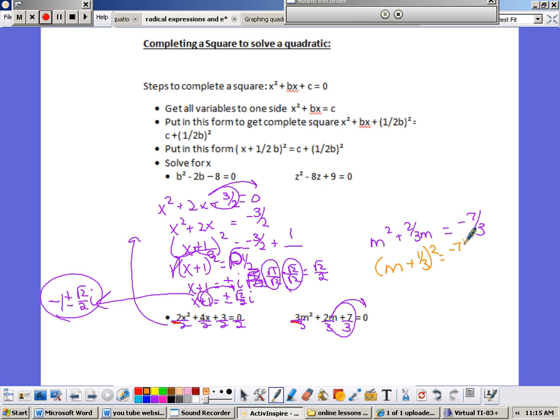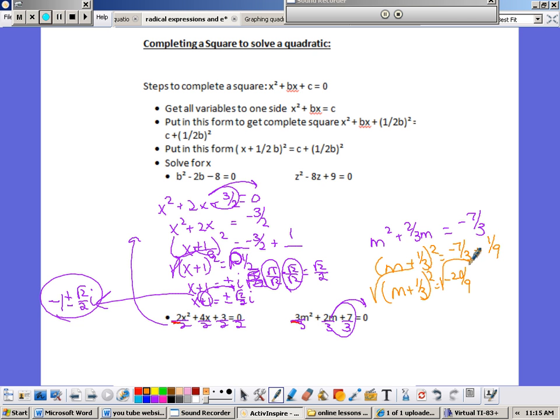Squared equals negative 7/3. 1/3 squared is 1/9. M plus 1/3 squared. Negative 7/3 is the same thing as negative 21/9, and negative 21/9 plus 1/9 is negative 20/9.